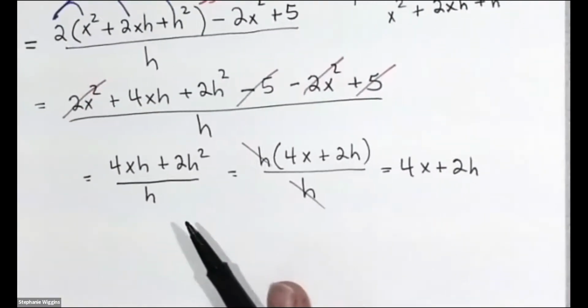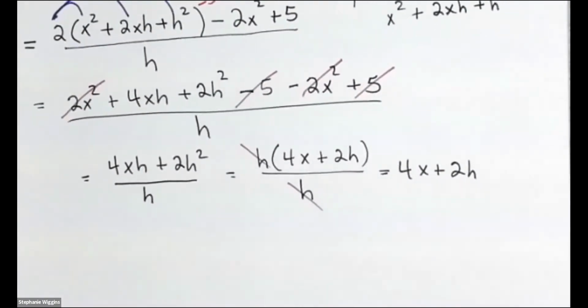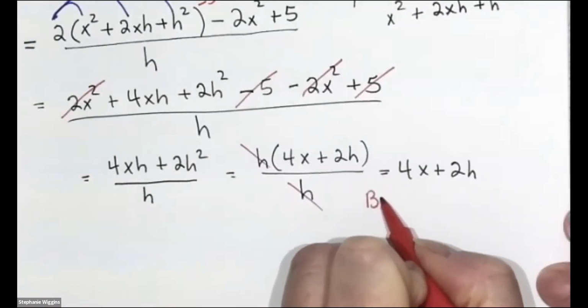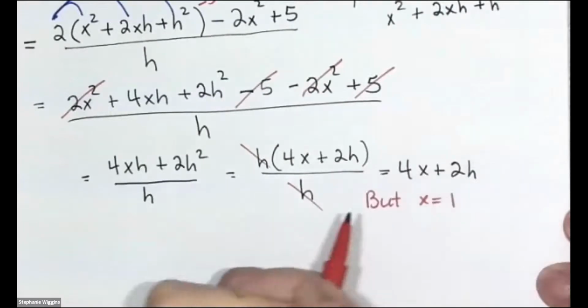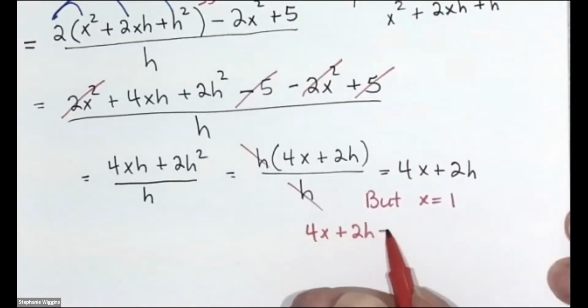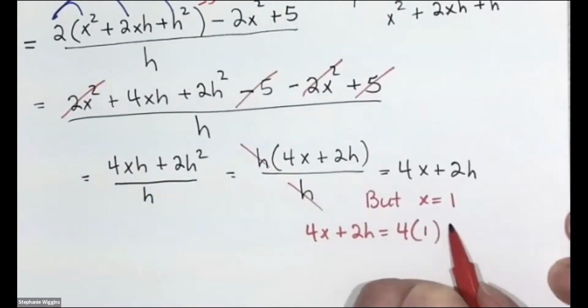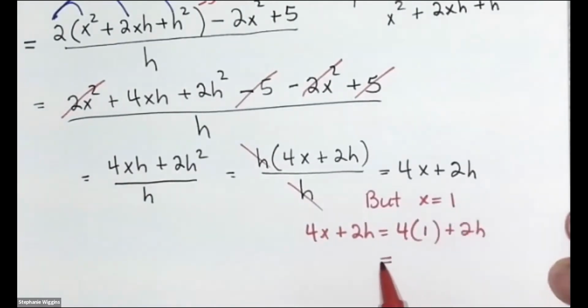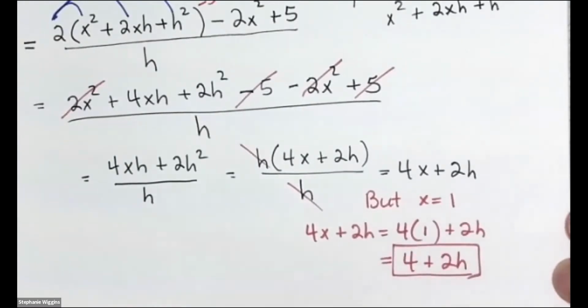So we're going to go down here, and when you calculate it for x equal to 1, you get that 4x plus 2h equals 4 times 1 plus 2h. So your final answer is 4 plus 2h. Any questions on that one? That's how you do the difference quotient.